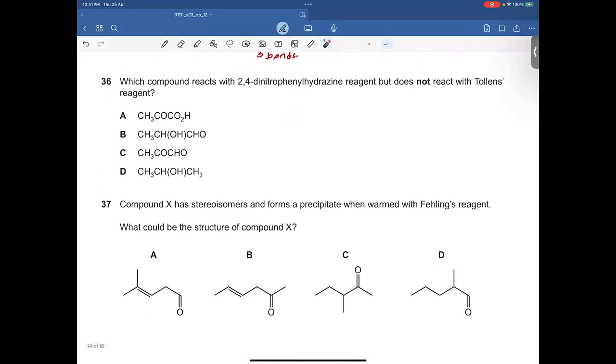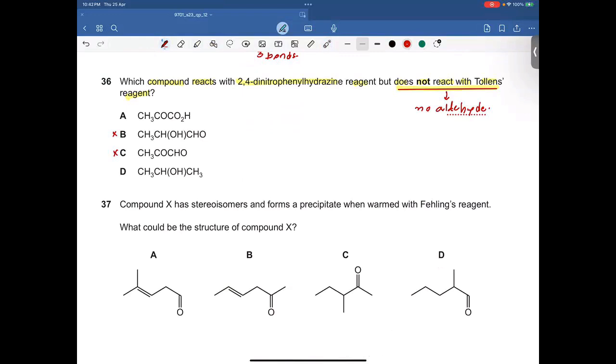Question 36. Which compound reacts with 2,4-DNPH reagent but does not react with Tollens reagent? If it is not reacting with Tollens reagent, which means not an aldehyde, which means option B is incorrect, option C is incorrect.